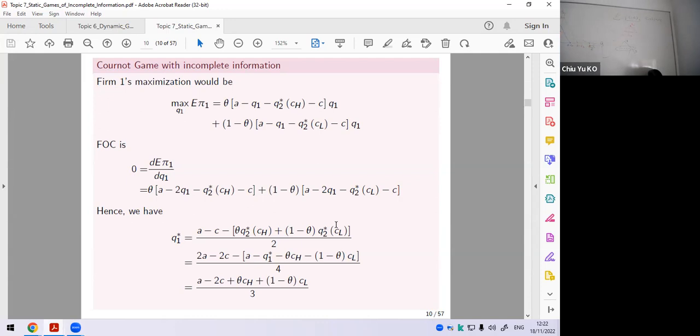So here is Q1, responding to the average of these two.